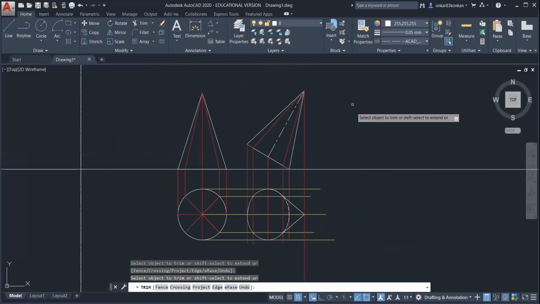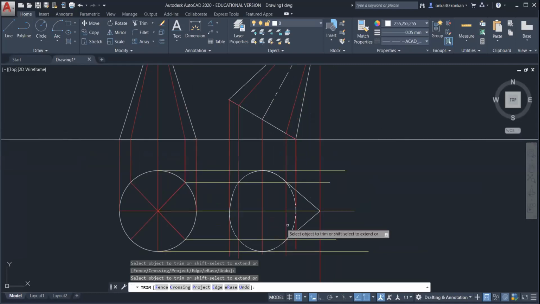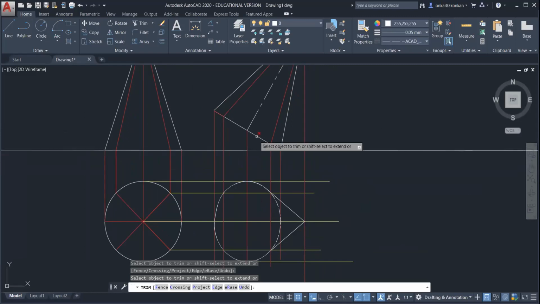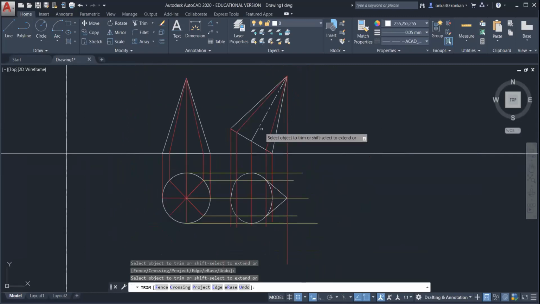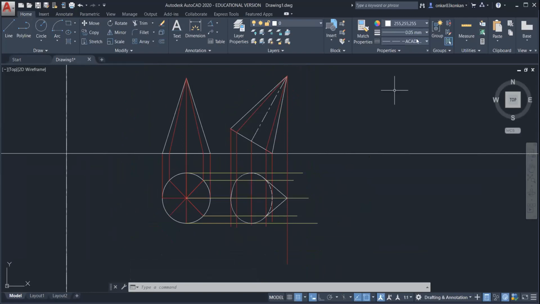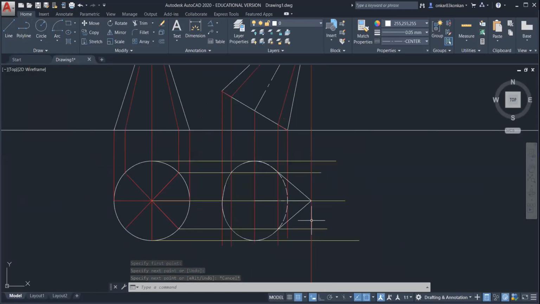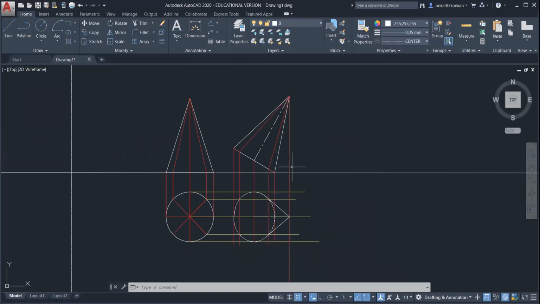Try to complete this on a drawing paper. Here you can show the top view of the axis. For the top view of the axis, take this projector and join these two points, the apex point and this center point. So this is the axis top view. For the axis, you have to use the axis line or center line.